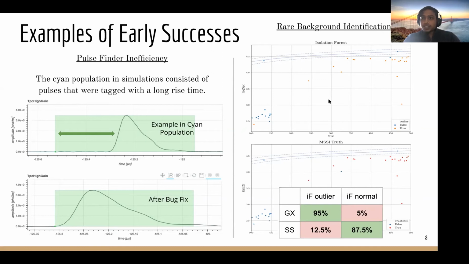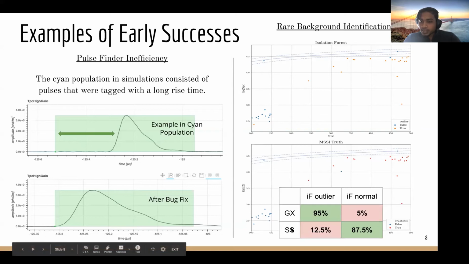So what we did here was we picked some RQs that we had a good idea were going to be pretty strong discriminators against this gamma X background, and we put these variables in the isolation forest and let it build its trees and identify anomalies. And it identified these gamma X backgrounds at a very high success rate compared to the single scatters.